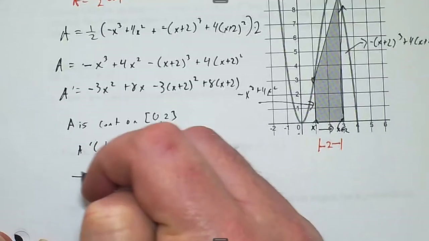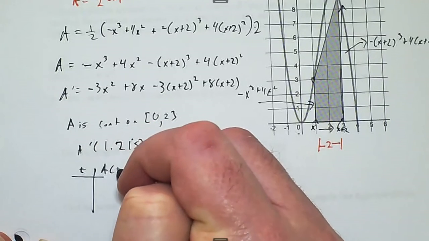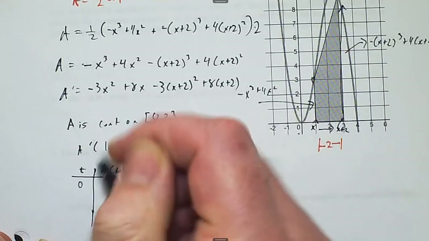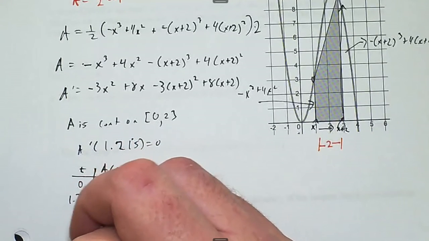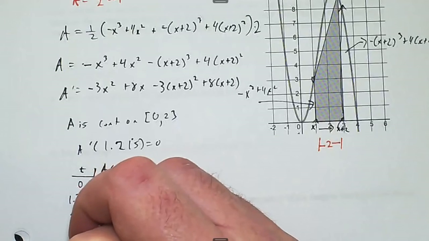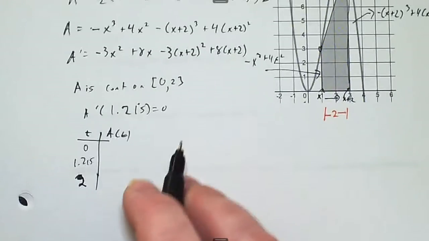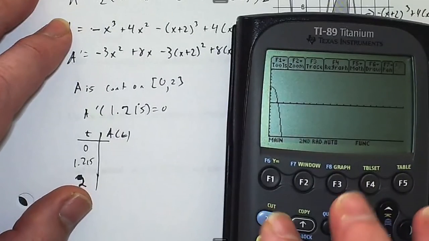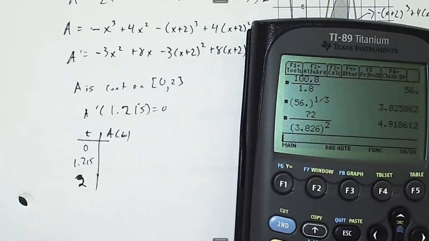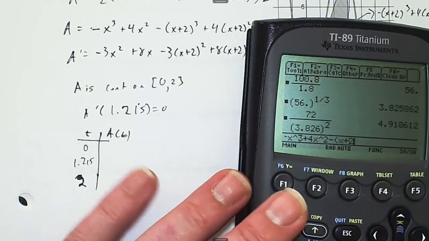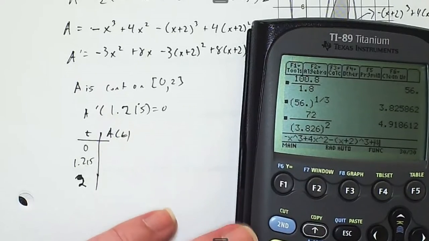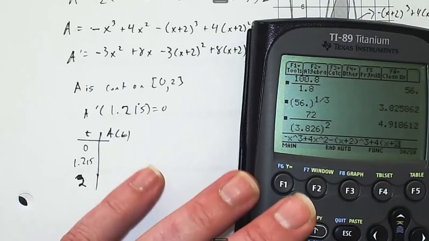And then let's just make a little table for t and A of t. Let's test 0, 1.215, and let's try 3. Or no, 2 was our maximum. Okay, so here we go. My area function is negative x cubed plus 4x squared minus (x plus 2) cubed plus 4 times (x plus 2) squared.